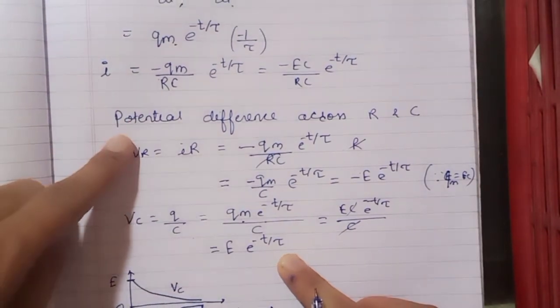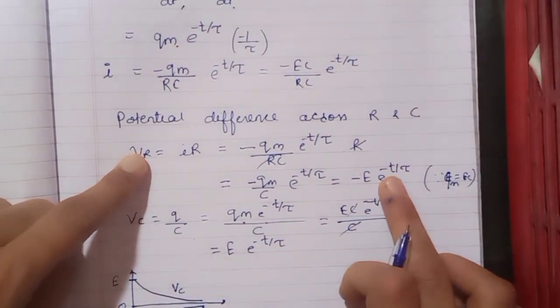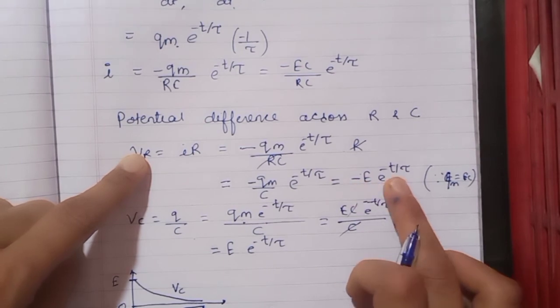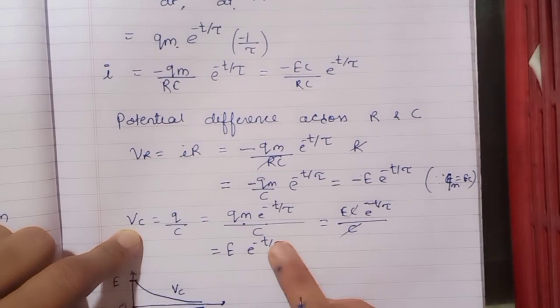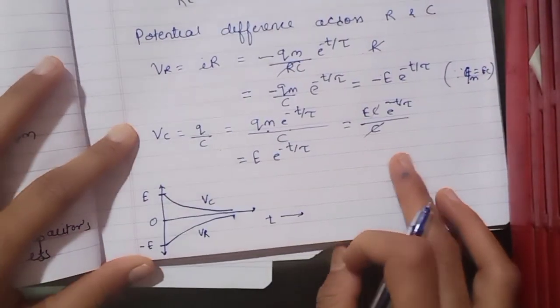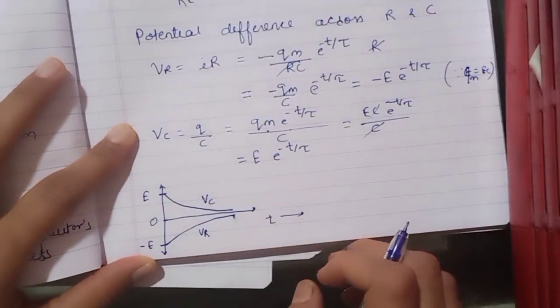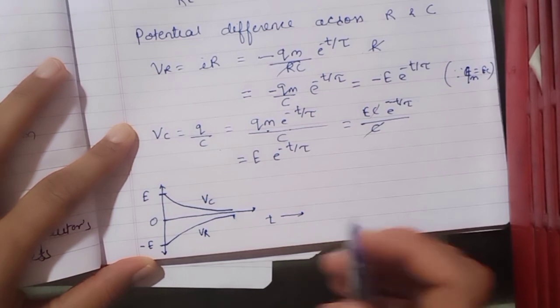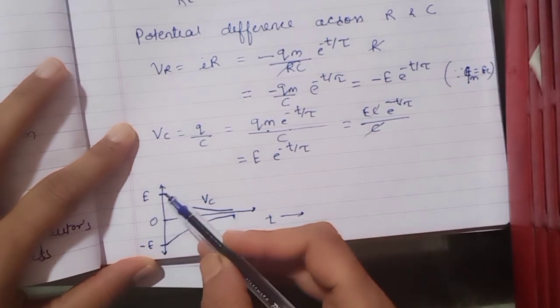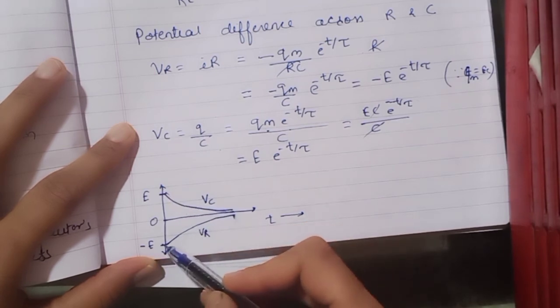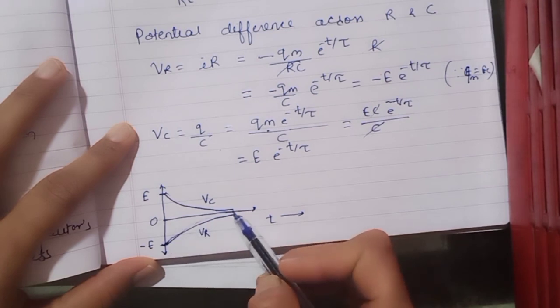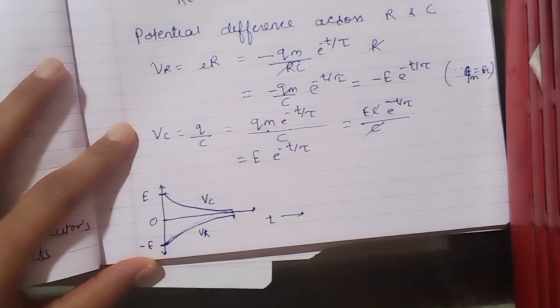So the voltage across the resistance is minus E e raised to minus t by tau, and the voltage across the capacitor is E e raised to minus t upon tau. If I plot the graph for voltage across the capacitor and resistor, I get this: for the capacitor, the voltage goes on decreasing with time, and for the resistance, the voltage goes on increasing with time. Okay, thank you so much.